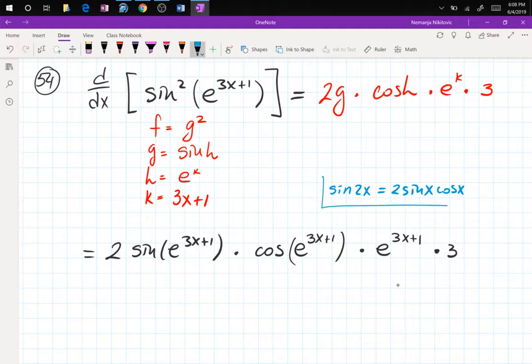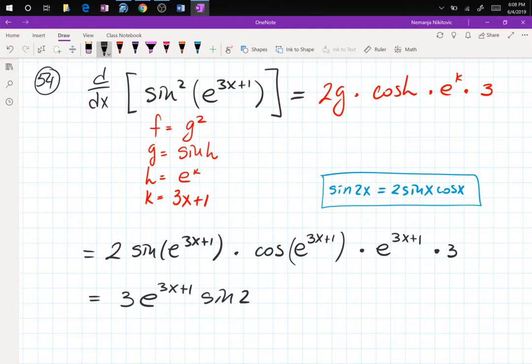You might recall this formula from your trig class. The right side is exactly what you have here. So you can compress this into 3e to the 3x plus 1 times sine of 2e to the 3x plus 1. That's the boss level.